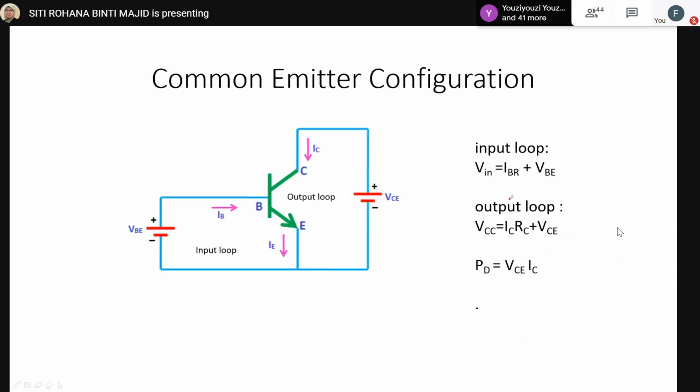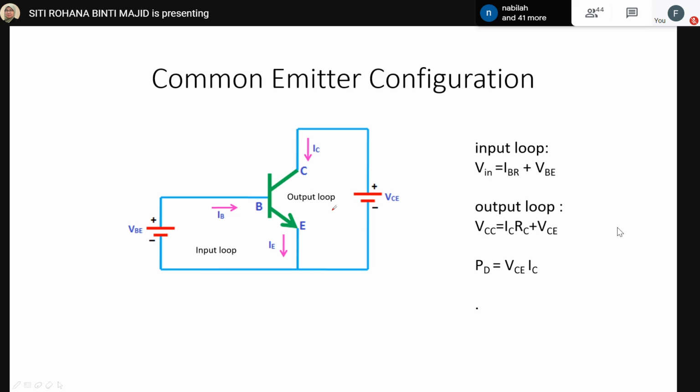So for the common emitter configuration, in this configuration we use the emitter as the common terminal for both input and output loops. So what does it mean by common?